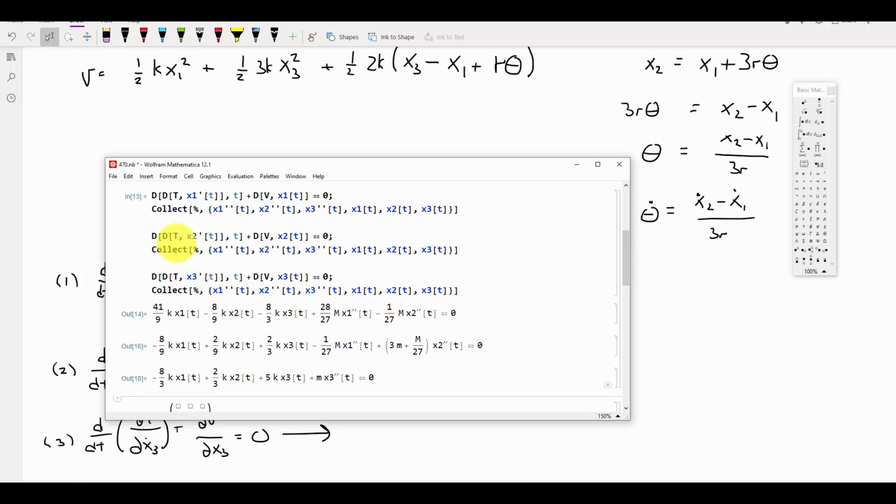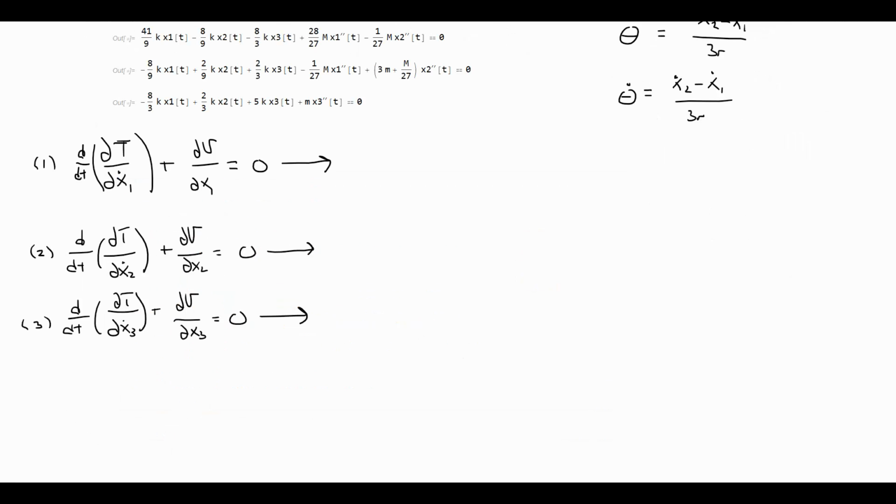And I'm already doing that Collect, so everything's being collected in front of my 3 degrees of freedom that I am trying to track here. So I'm going to transcribe this to do it by hand, so then I can put it into the matrix form. So I pasted from the Mathematica, so I can, again, write it by hand and put it in the order that I want. So looking at the top equation, that was this first partial derivative with respect to x1.